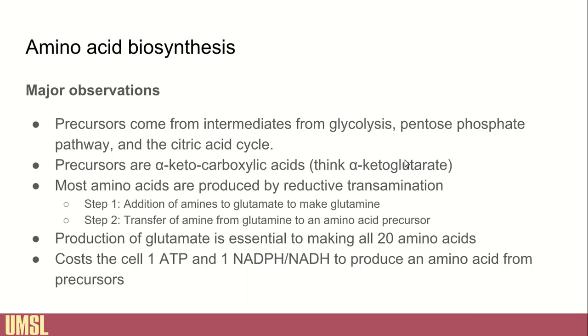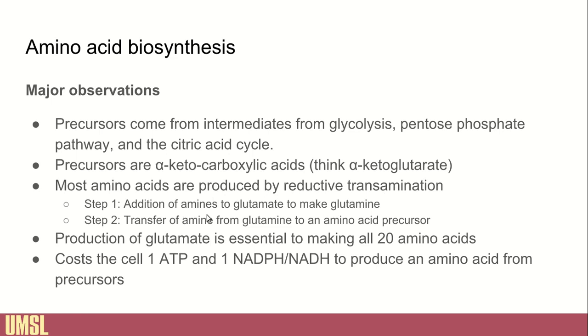Alright, so the major observations of amino acid biosynthesis are that precursors come from intermediates of glycolysis, the pentose phosphate pathway, and the citric acid cycle. Precursors are alpha-ketocarboxylic acids, so think alpha-ketoglutarate. So these are the carbon skeletons that are used to make amino acids. And most amino acids are produced by reductive transamination. So this is an important process that has two steps.